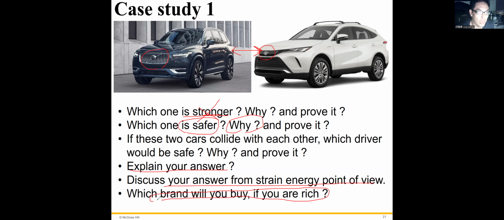So we can think of it this way. For the Volvo, we know the frame or the structure of the car is really strong, right?